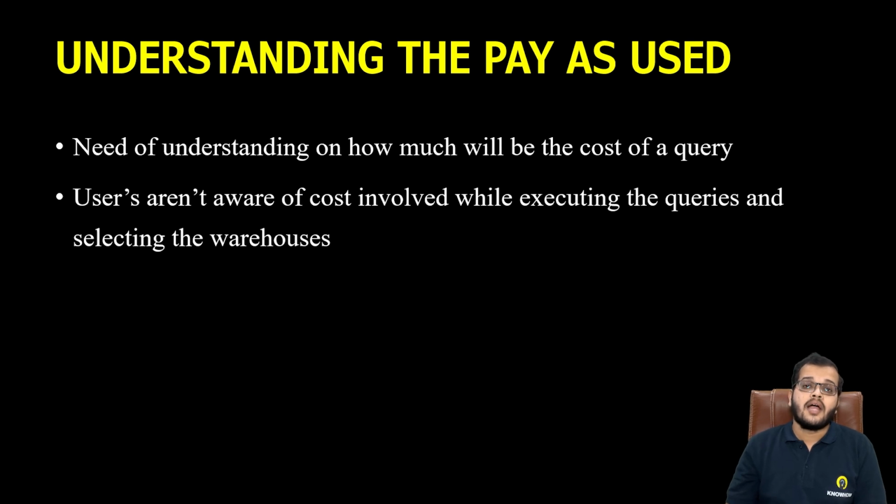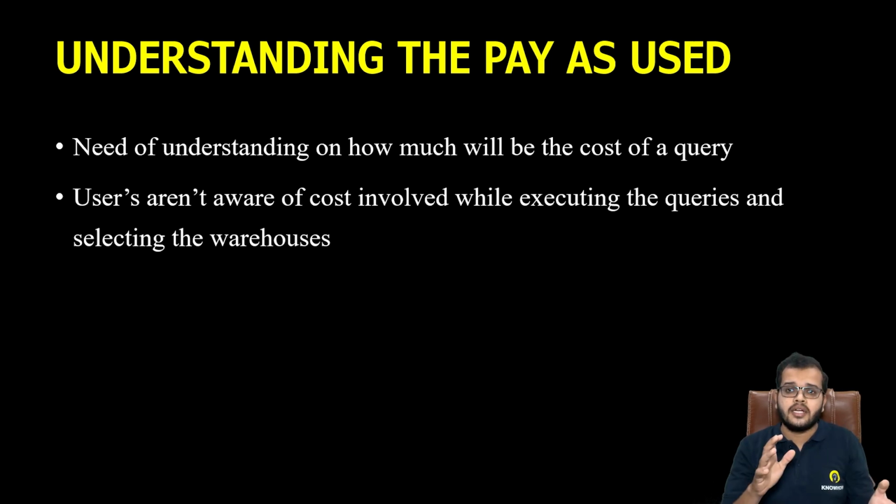Later on, I would like to focus on the cost involved while executing queries and selecting the right warehouse. This is very important. Understanding the warehouses is very important. What we generally do is use the default warehouse that we have in our Snowflake. Then on that default warehouse, we try to execute a number of queries.